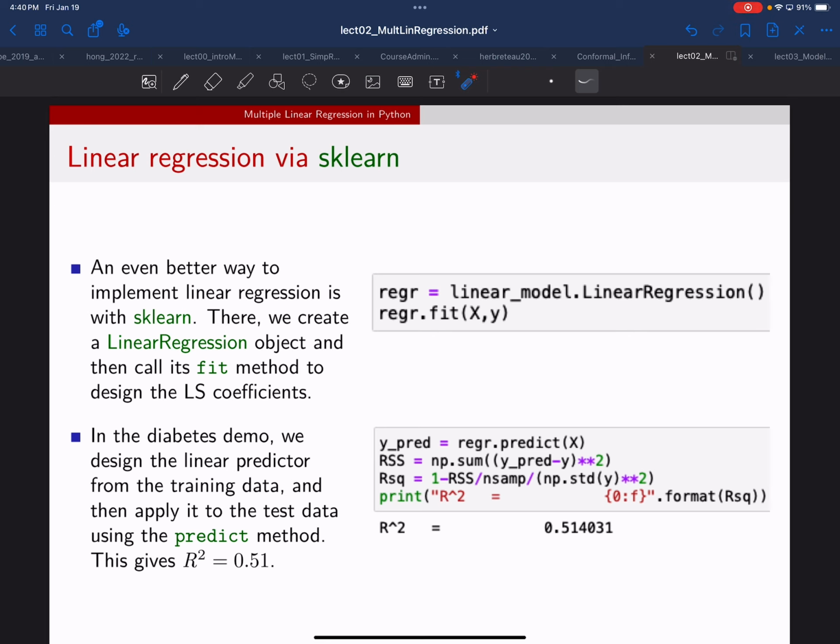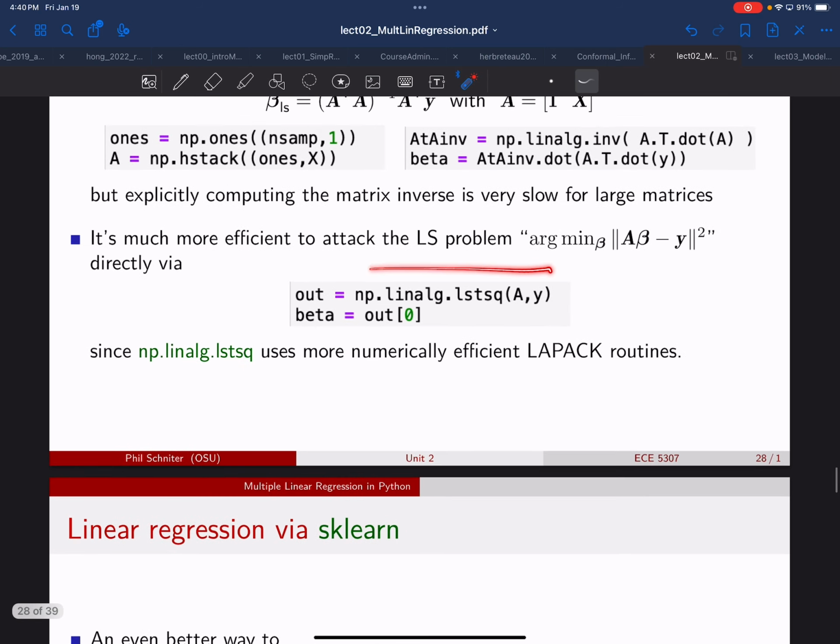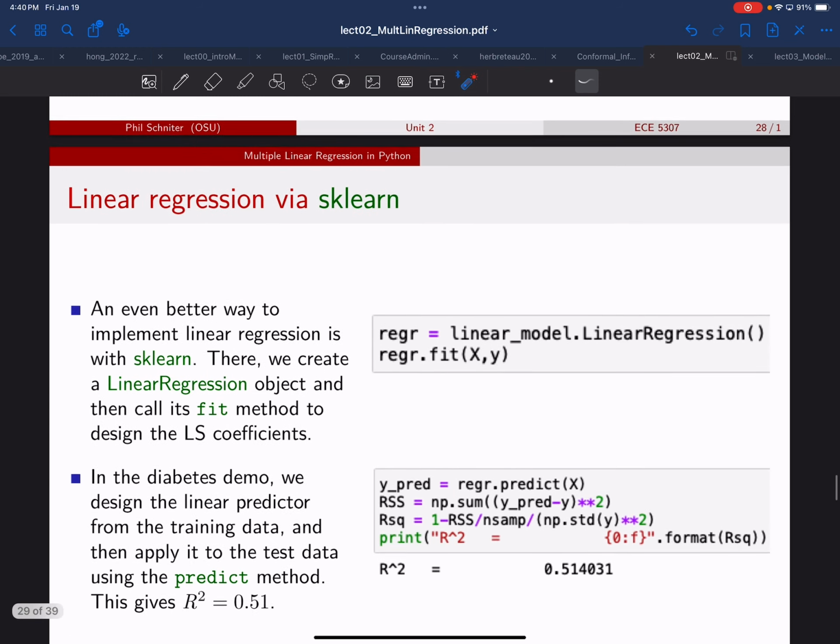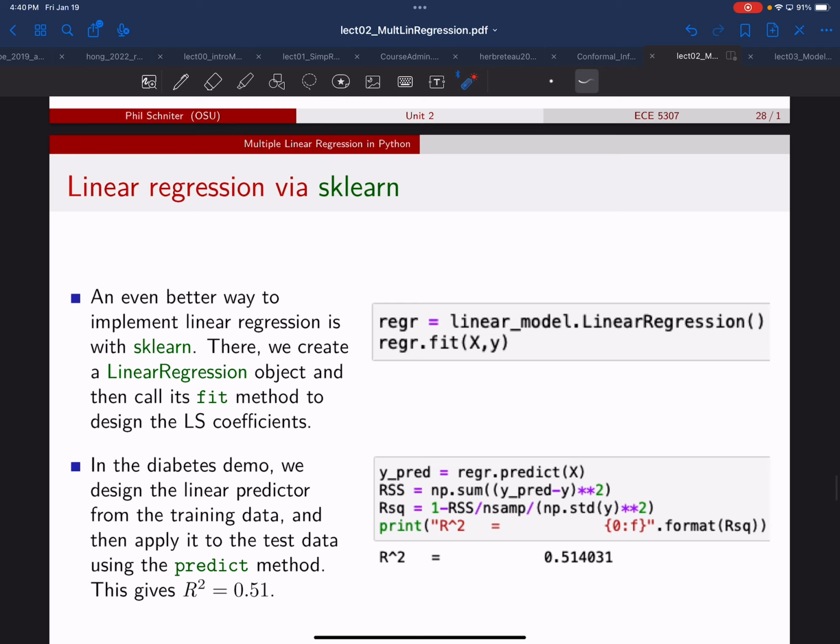Now that that's set up, you can use the fit command, and you can apply that to your data, your feature matrix and training label vector. And when you run this, essentially what it does under the hood is it does this, and it stores that beta internally. It doesn't report anything. It just quietly computes it and stores it inside so that it's there when you want to use it.